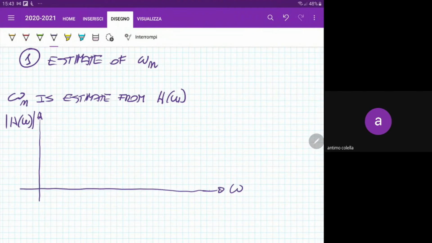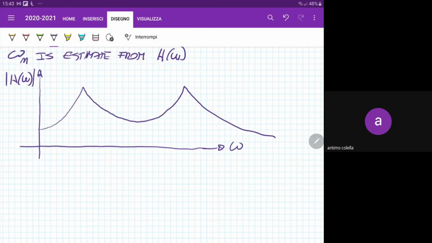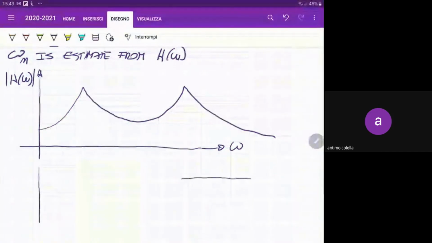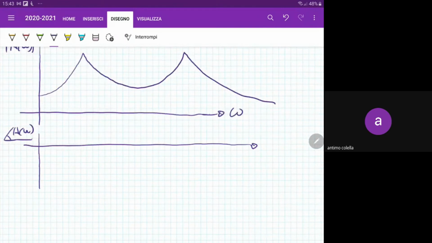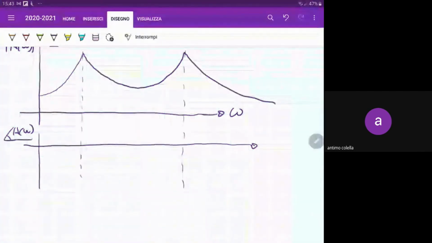Then what we got here, for example, is a plot like this. Let's assume that this is what you got from the experimental analysis. And if we are having not only the amplitude, but also the phase of your FRF, what you got here is, for example, this. So something like that.